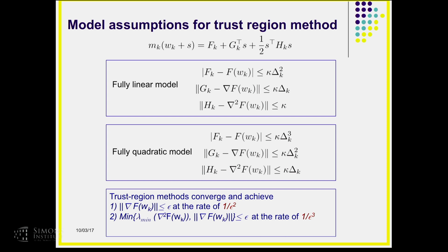If you have a second-order approximation, then the rate of convergence to a second-order stationary point, so that's the local minimum that we maybe care about more, to reach the place where the second-order stationarity is below epsilon, is going to be 1 over epsilon cubed. Again, this is standard. OK?